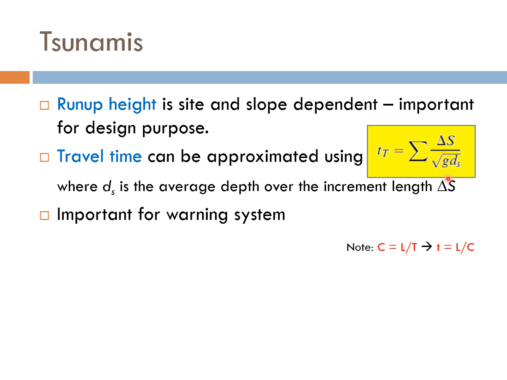So in order to more accurately estimate the arrival time, or the time taken for the tsunami to travel from its source to a particular coastal area, we will have to break down the distance that the tsunami travels into incremental sections, and for each incremental length we will use the average depth of that length in order to estimate the time to travel that particular segment, and eventually we sum up all the time for the individual segments to get the total travel time.